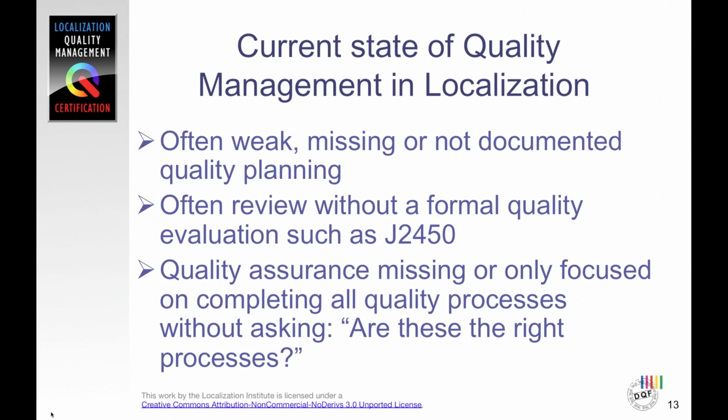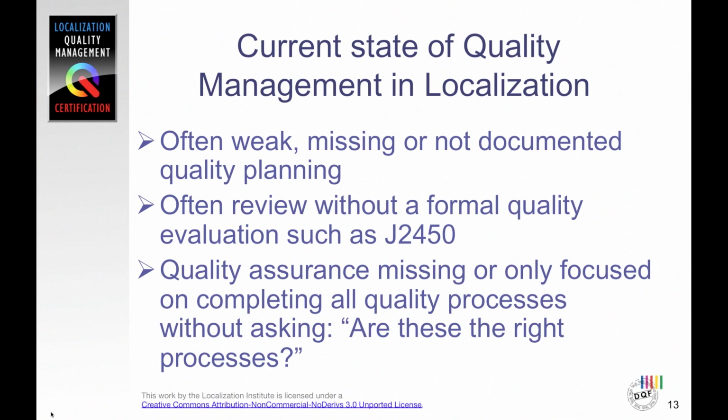Quality assurance is very often missing or only focused on completing all quality processes without asking, are these the right processes? I know many people mix up quality evaluation or quality control and quality assurance. Quality evaluation or quality control is using tools such as the J2450 to measure the quality.